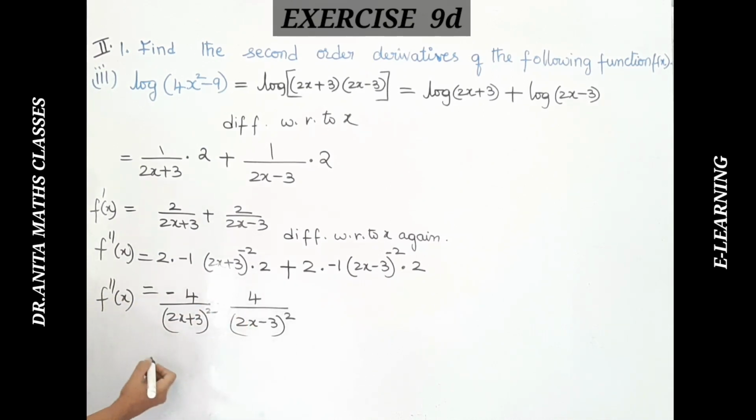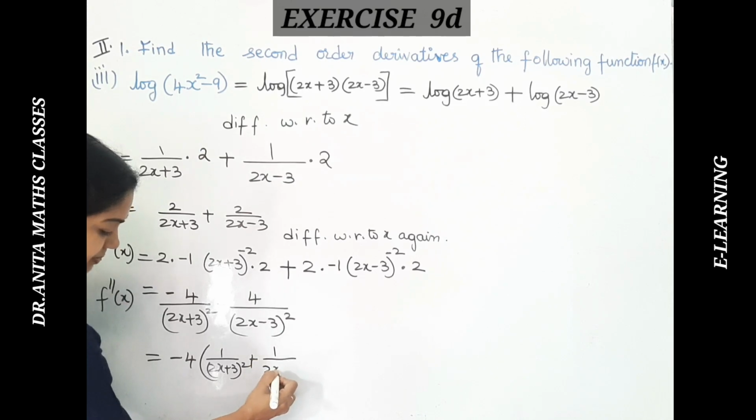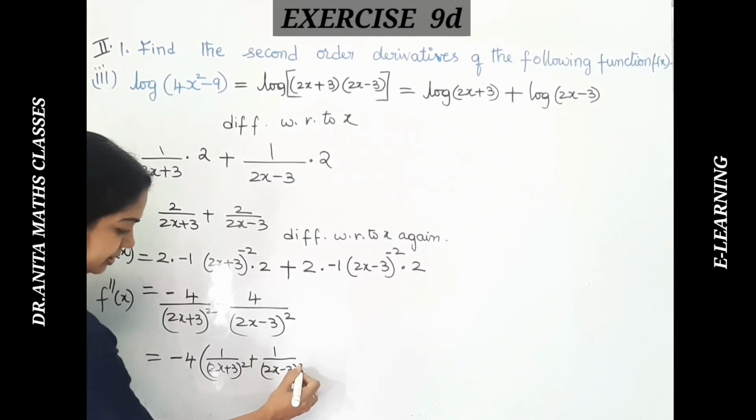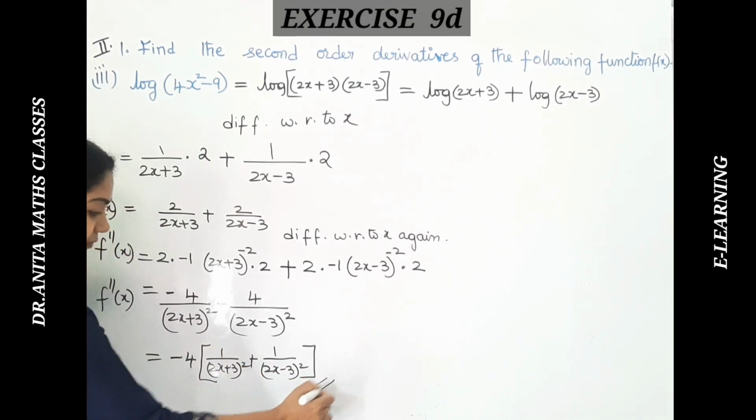You can also simplify it by taking minus 4 outside. If you take minus 4 outside, it becomes 1 by 2x plus 3 whole square plus, yes, this plus only, 2x minus 3 whole square. You can write like this also. If you are taking minus 4 outside, this is the second order derivative.